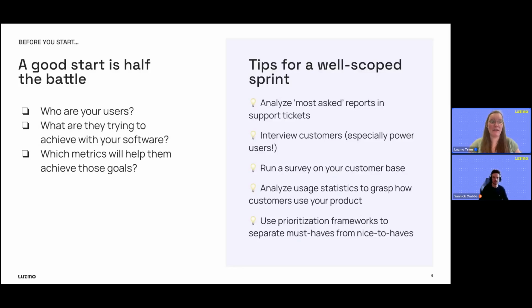So then it really comes down to prioritization. There are a bunch of prioritization frameworks that you can use. If any product managers are attending today, I'm sure you know about a lot of them. But these can really help you to separate the must-haves from the nice-to-haves and build out a scope for a first dashboard or first set of dashboards that you want to deploy in your application.